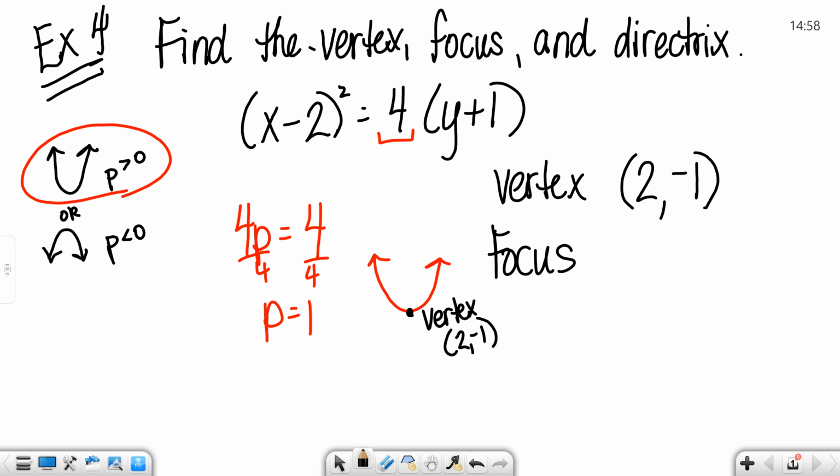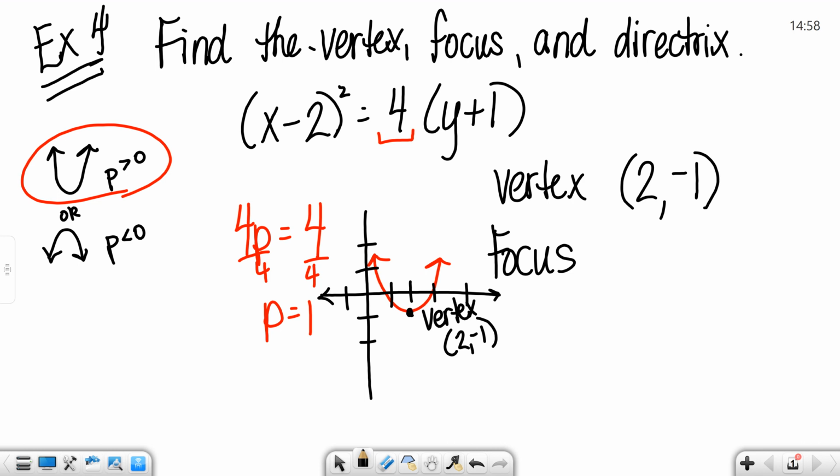Might be helpful for you guys if I had an x and y axis. Okay, not a very accurate graph, but that does represent my vertex on that graph. So (2, -1).